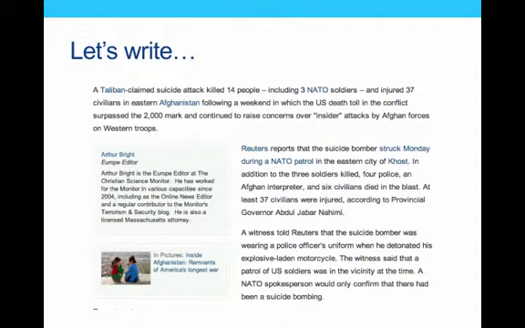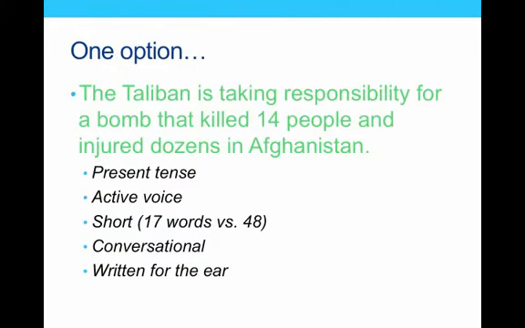Other pieces of this information you may decide are essential to the lead, but using those two pieces of information, what happened and how many people were killed, I would suggest that you could write a better broadcast lead than this, although of course this was not intended to be a broadcast lead. So give it a shot if you want, or just go ahead and keep listening and we will reveal what I came up with as an option.